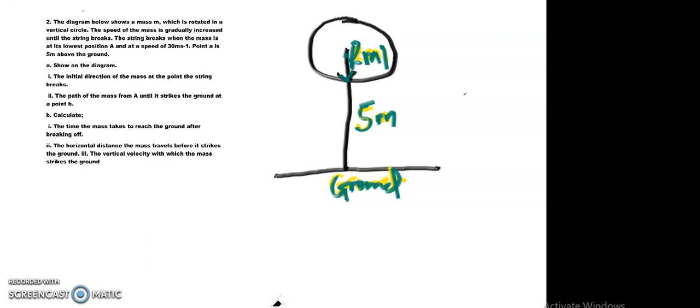Assuming that it is this way, let's assume we have something like this. The string breaks, this is 5, this direction.